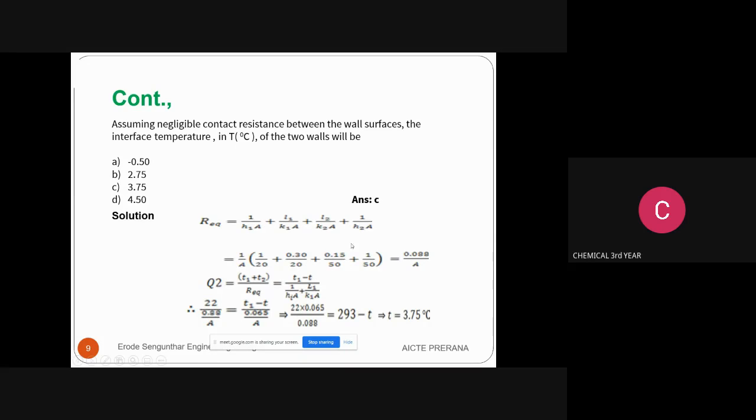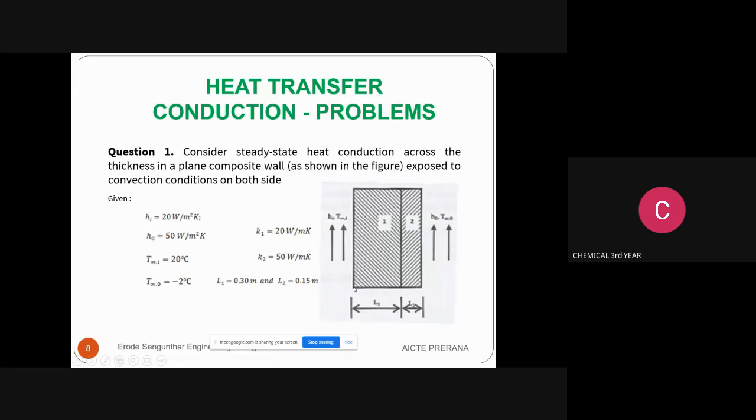In between, for each of the two materials, we have L1 divided by K1A, because this is your dx, and dx is nothing but L1. Here x2 minus x1 is L1, and x3 minus x2 is L2.